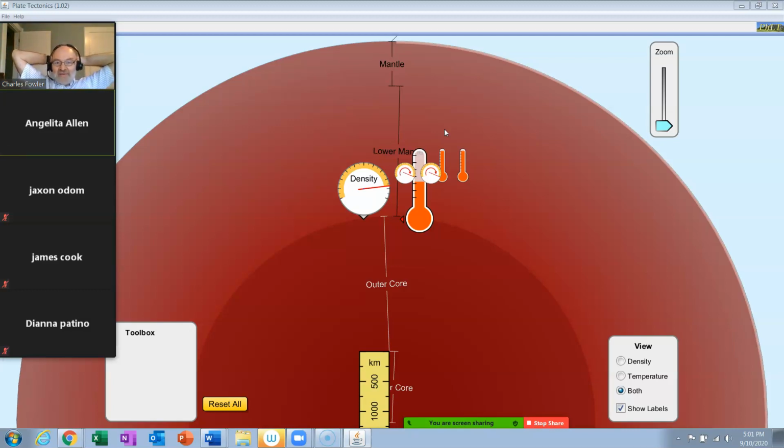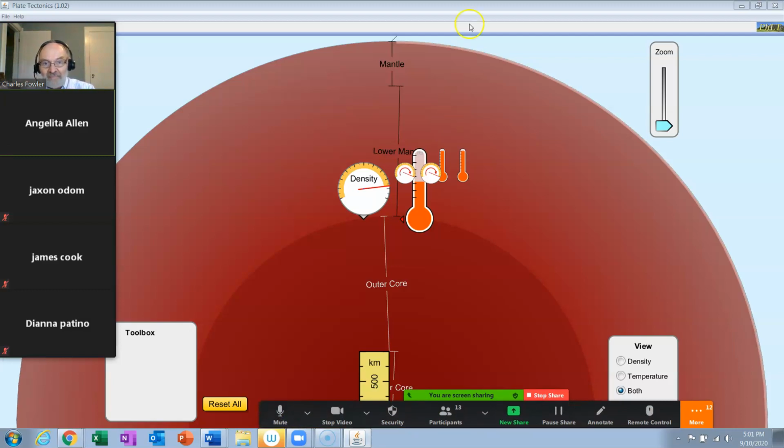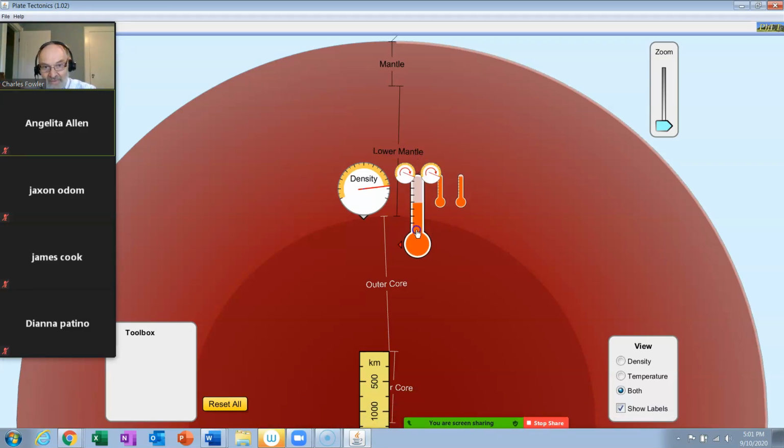Okay. What's next? 34. Move the thermometer to the lower part of the outer core and estimate the temperature there. Okay, here we go down, down, down. 32 is 2,250. Who was saying that? Question asked, and I can't chat and read and type. Okay, I see. Okay, there we are in the lower part of the outer core.